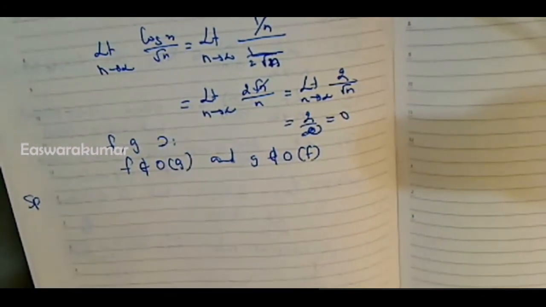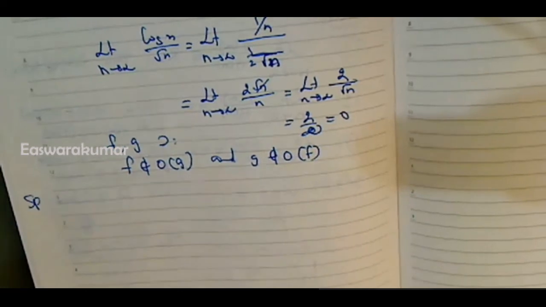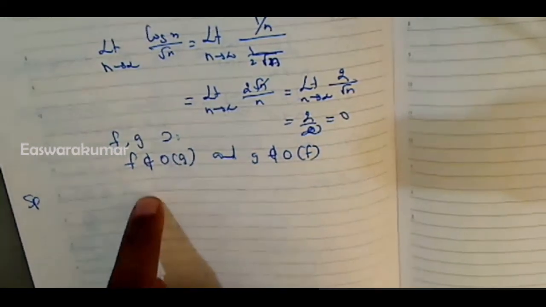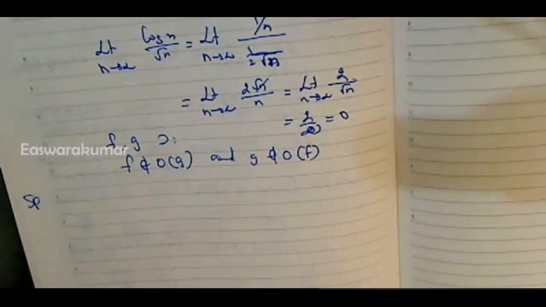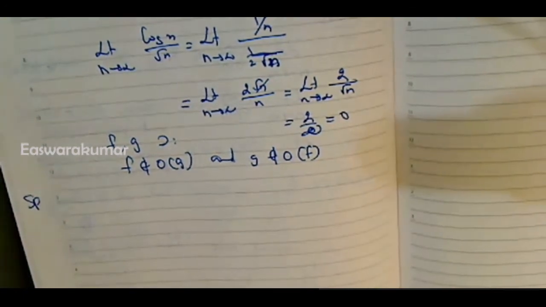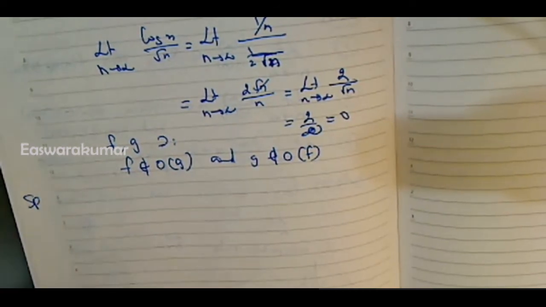You have to say that you cannot find such an n naught. If it belongs, you can always find an n naught, and from that n naught onwards this inequality holds. So if you want to say it does not belong, you have to justify that no such n naught exists. That is sufficient.